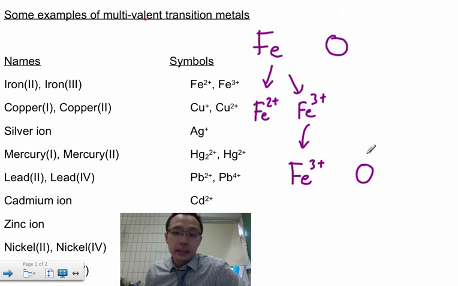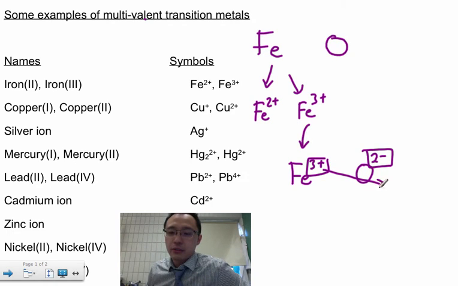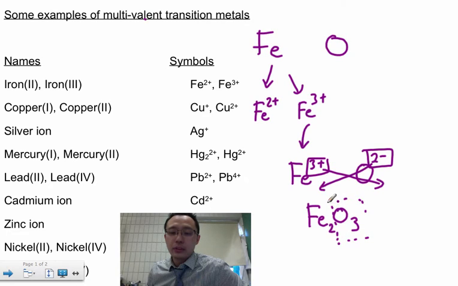Anytime you're combining anything, you want to write your charges out. Since this is 3 plus and 2 minus, one really simple way of figuring out the ratio is the crisscross method. Basically that number goes into the subscript. That means that's the number that you have, and this is the number that iron would have. So in other words, this is going to be Fe2O3. That means you need 3 oxygen for every 2 iron in this compound.